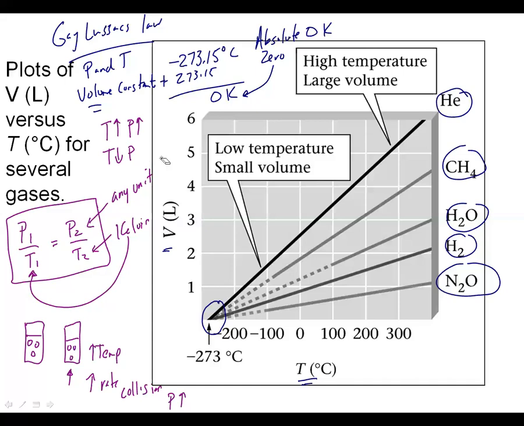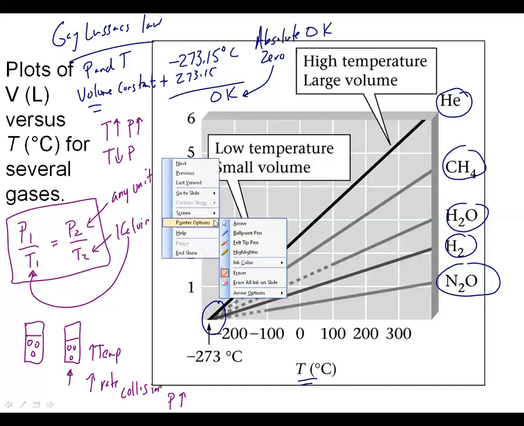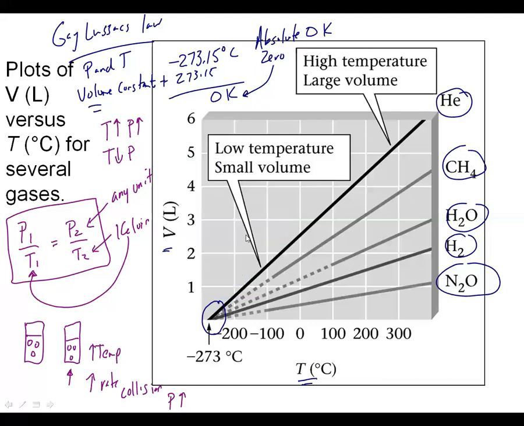So in Guy-Lussac's law, because of that constant volume, it has nowhere to go in terms of its volume. Nothing's going to adjust, and we get this relationship. So again, this is usually called Guy-Lussac's law. The P1 over T1 equals P2 over T2 basically works the same way as Charles' law. Any questions on that?